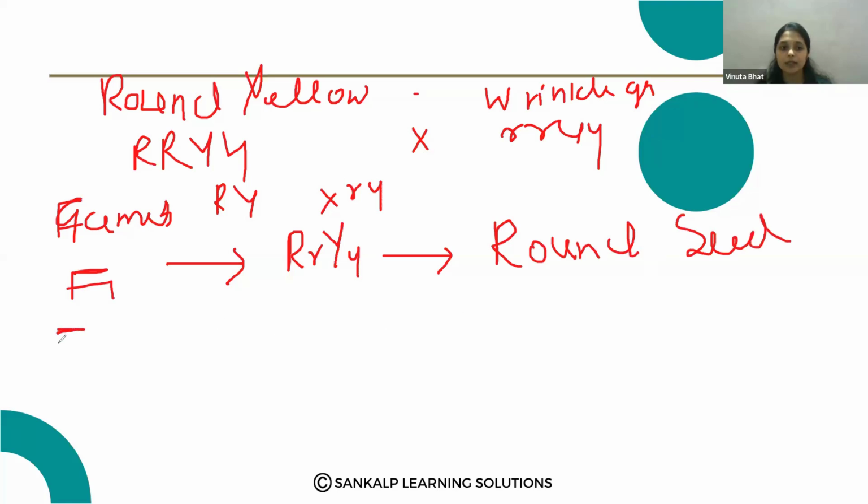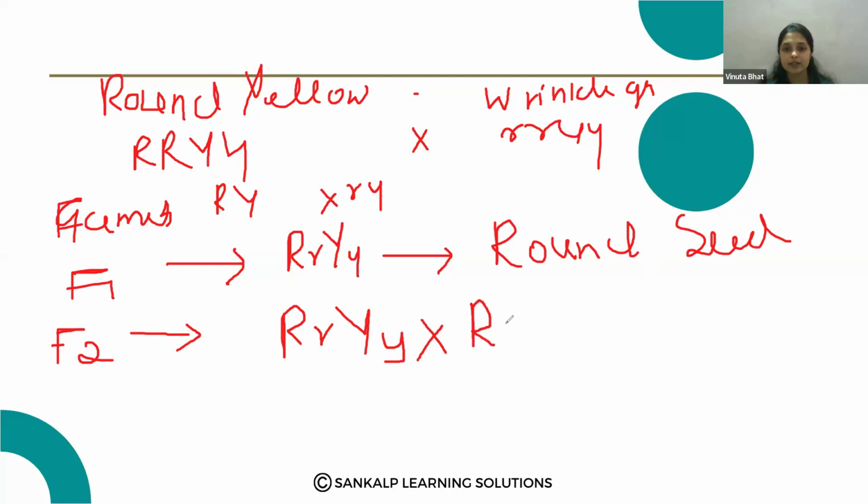Now we have to obtain the F2 generation. F2 generation plants are obtained by self-crossing the F1 plants, capital R, small r, capital Y, small y, crossed with capital R, small r, capital Y, small y. What are the gametes produced here?